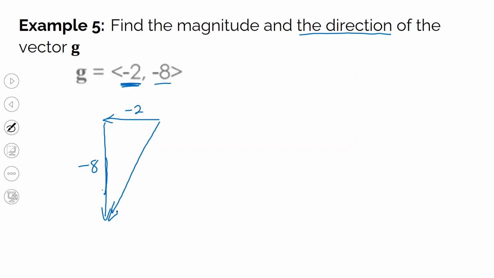We already know now that definitely this vector is going to have a direction that is more than 180 degrees.